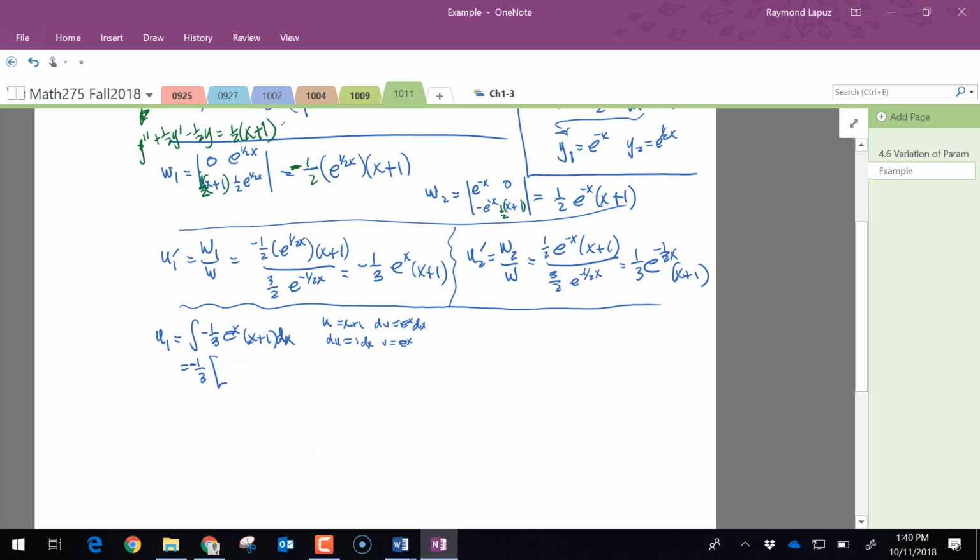So uv is e to the x, x plus 1, minus the integral of v du, which is just e to the x.